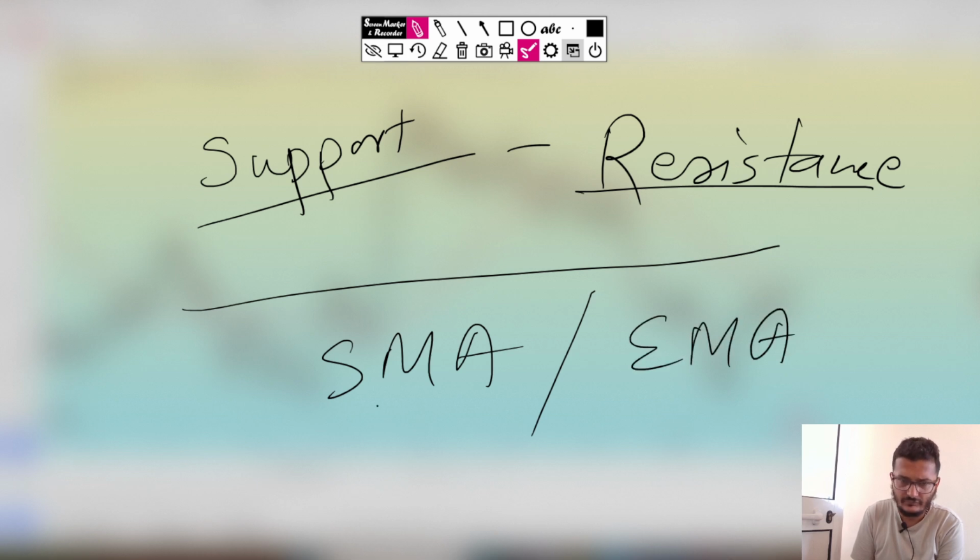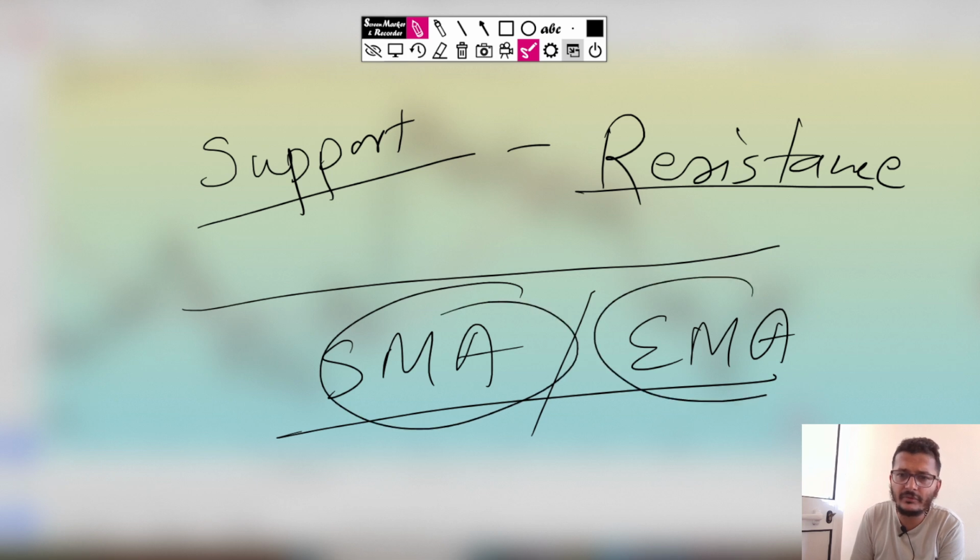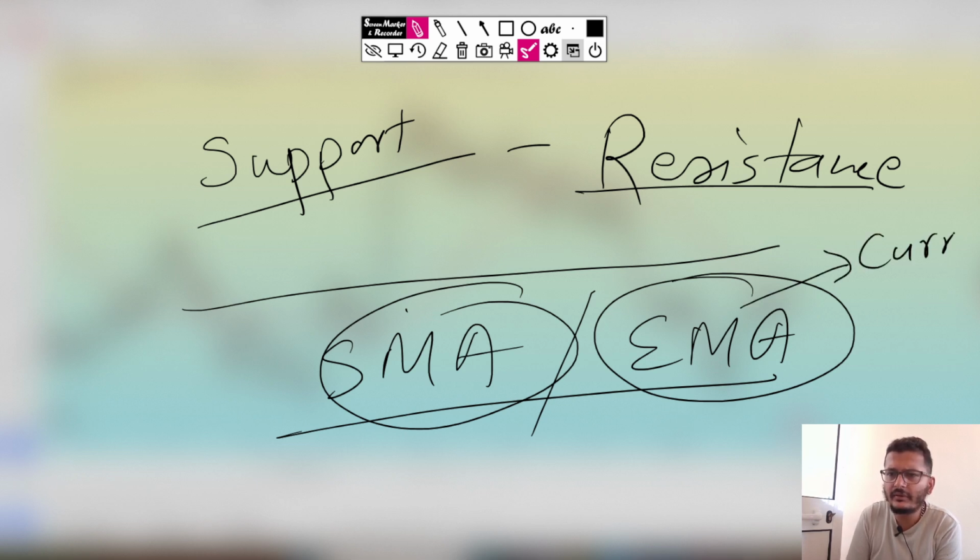Both are perfect, but SMA, the simple moving average, is normal and very simple, while EMA focuses more on the current price.